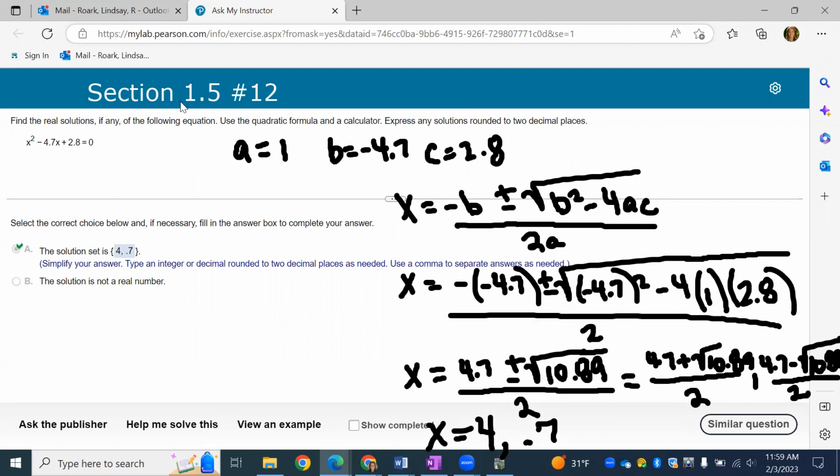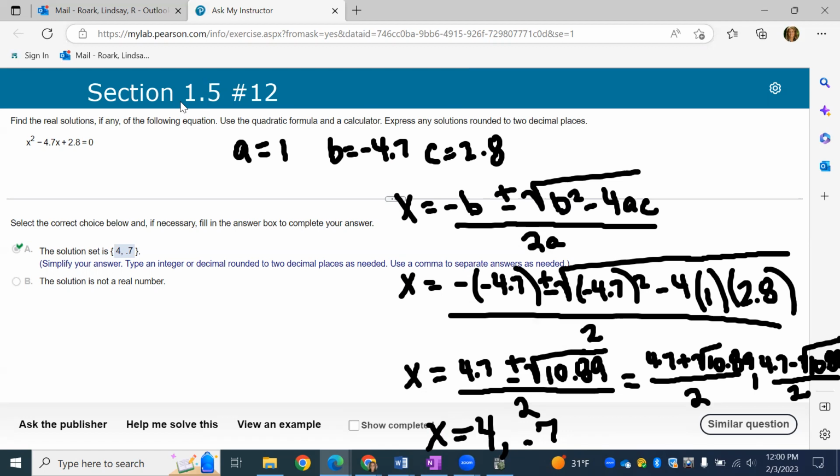You could put parentheses, 4.7 plus the square root of 10.89, close parentheses, divided by 2, or you could do how I did it, where you type 4.7 plus the square root of 10.89, push enter, and then divide by 2. The problem is if we enter it all in one line, 4.7 plus the square root of 10.89 divided by 2, the calculator reads it by order of operations. It will technically just divide the square root of 10.89 by 2 and not the entire quantity of 4.7 plus the square root of 10.89.